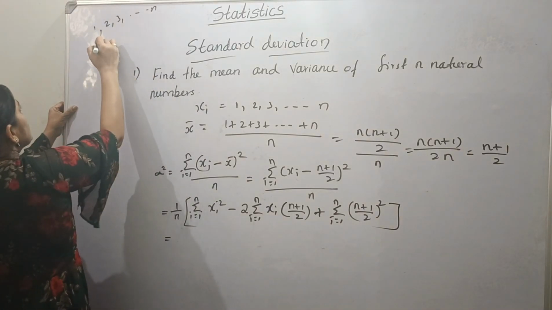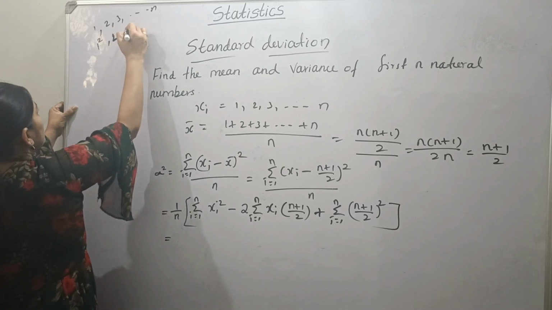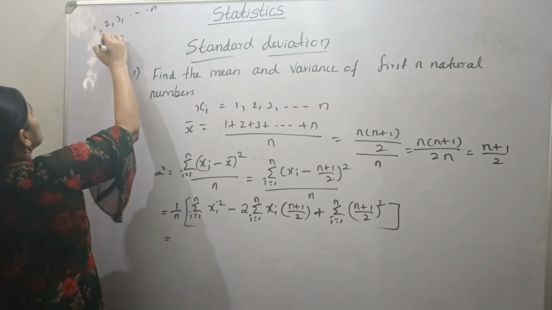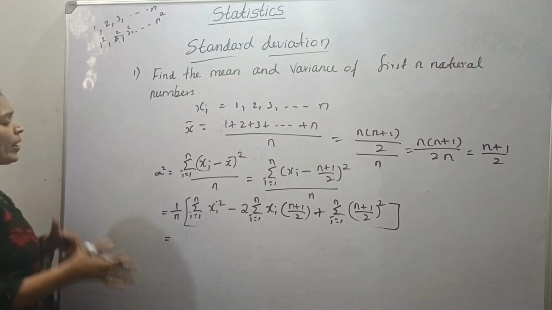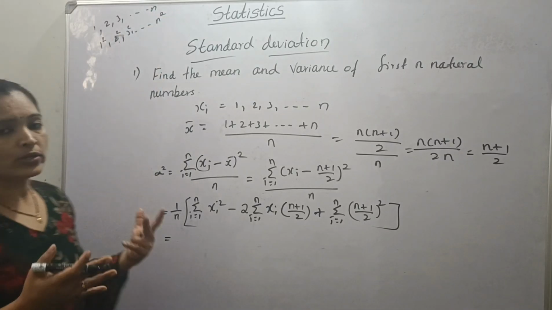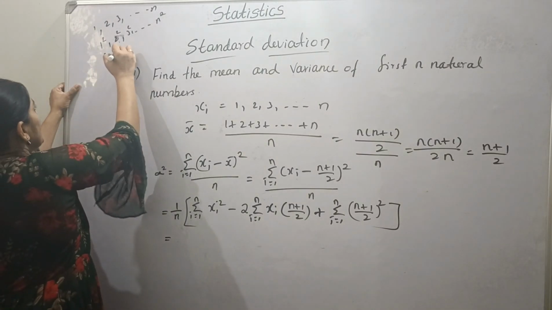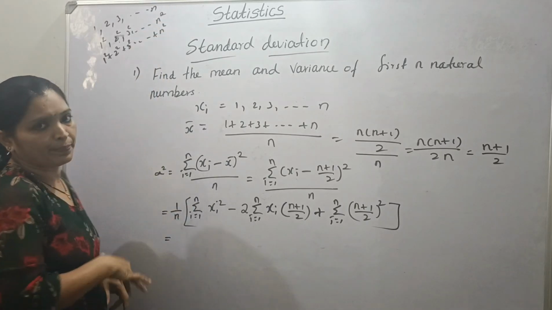So xi square is nothing but 1 square, that is 1, 2 square, 4, 3 square, etc. n square. So the sum of xi square means 1 square plus 2 square plus 3 square etc. plus n square, their sum, okay.